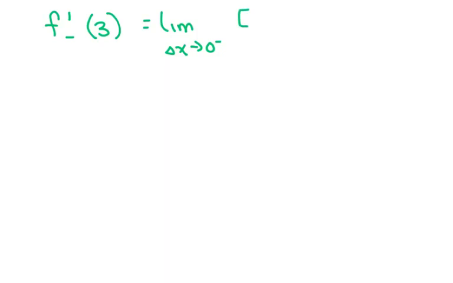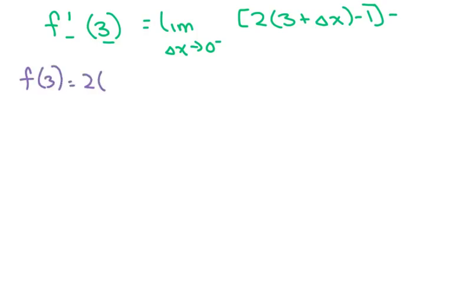And then you use your formula, 2 times 3, so plugging in 3, plus delta x, minus 1, minus f of 3. So f of 3 is going to be 2 times 3 minus 1, and that's going to be 5 as well, over delta x.